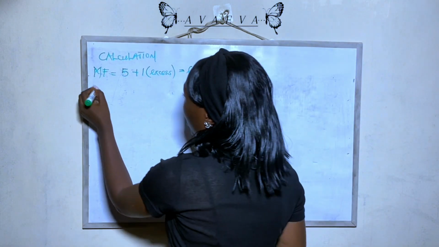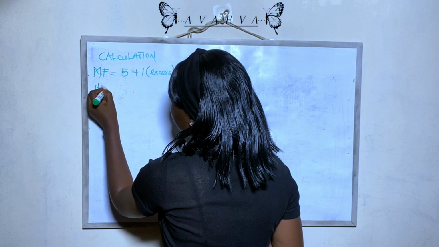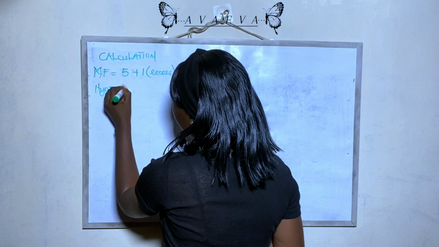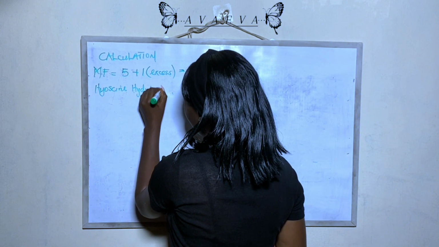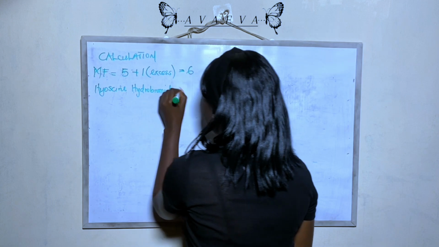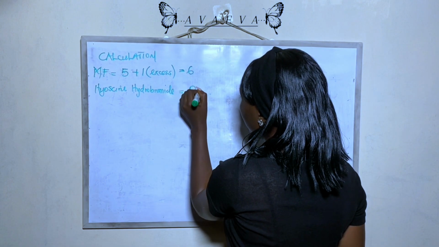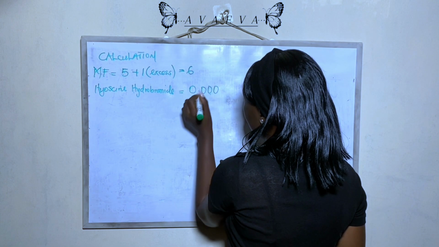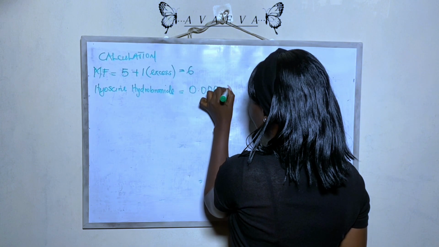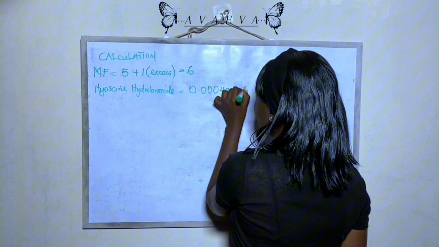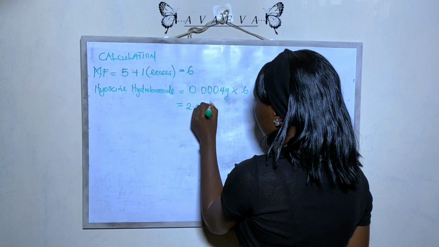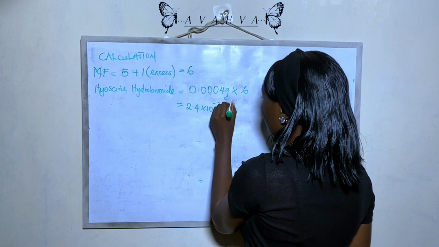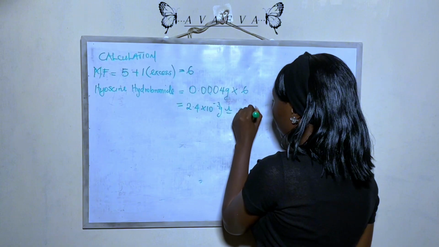Next, you have your hyoscine hydrobromide, and what was given was 0.0004 grams.